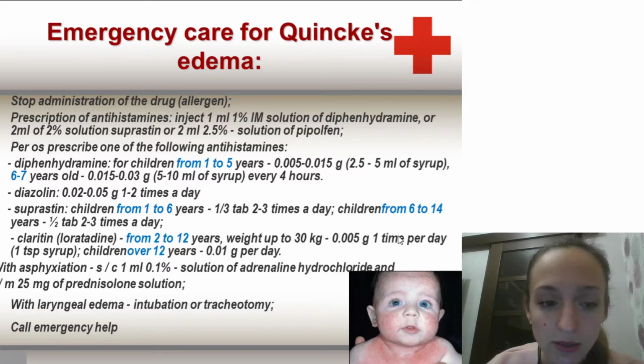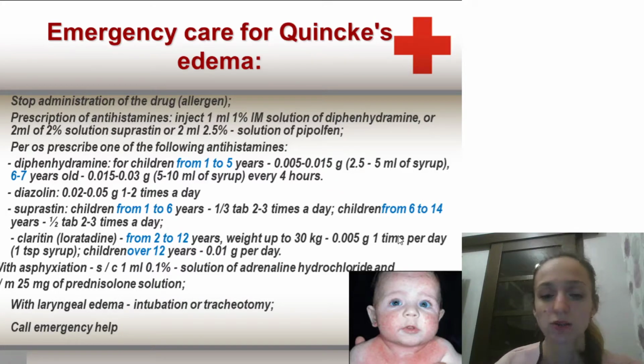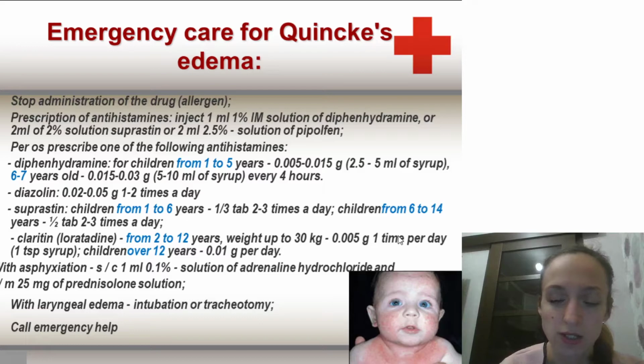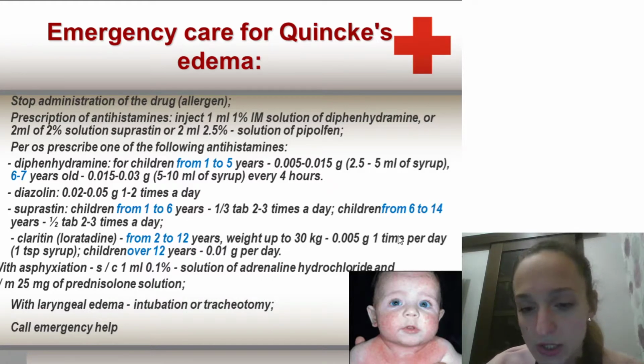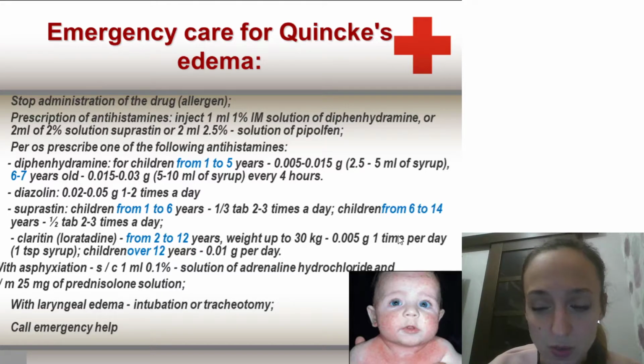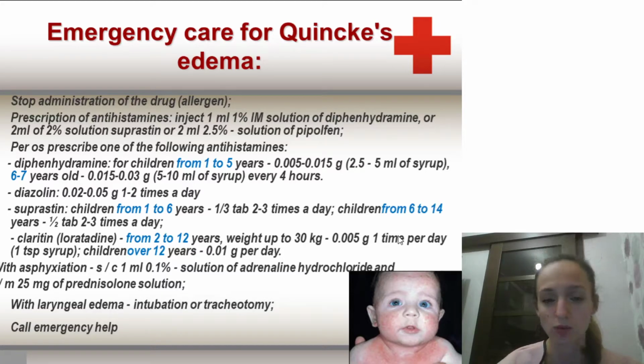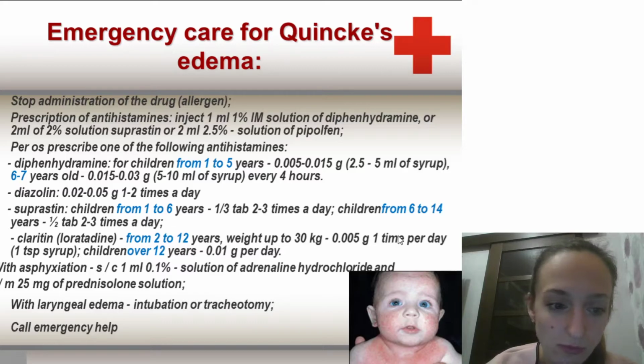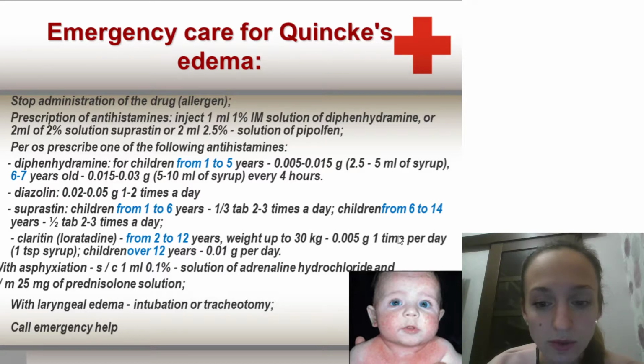Loratadine or Claritin from 2 to 12 years, and here you should consider the weight of the patient, up to 30 kilograms, 1 time per day, and over 12 years. With asphyxiation, use a solution of adrenaline hydrochloride and prednisolone solution.